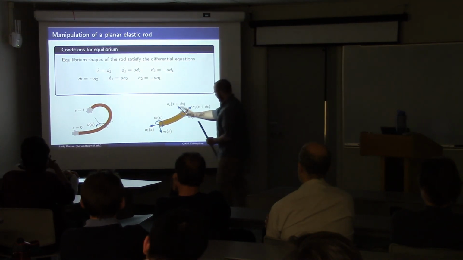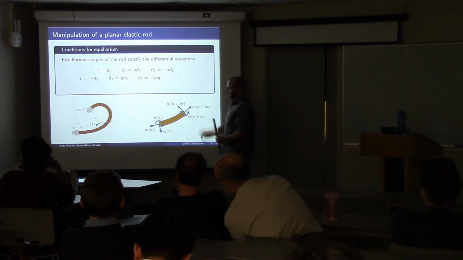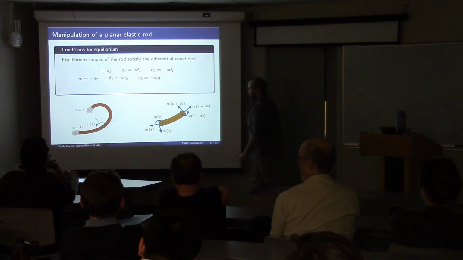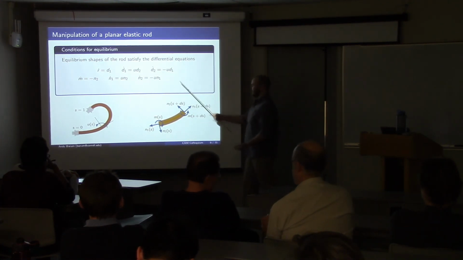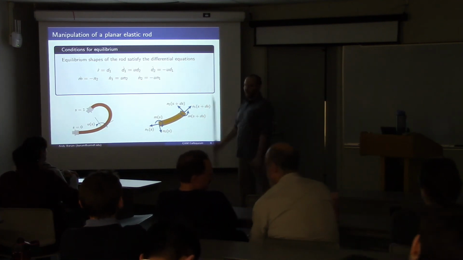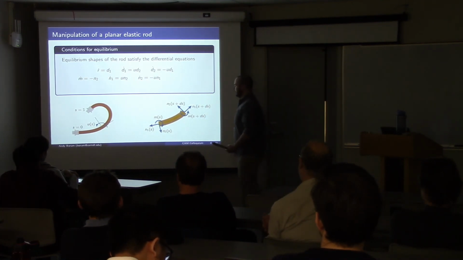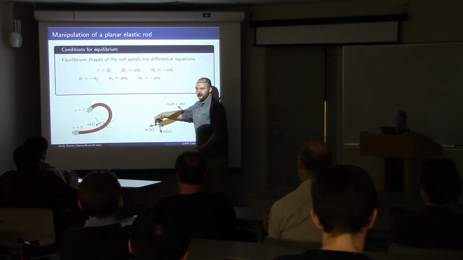The part of the rod that's to the right of this segment is also applying a force and a moment to the segment. This segment is bending a little bit. So if we balance the forces and torques acting on this segment, we get three differential equations for those forces and torques. M is the moment torque. N1 is the axial force. N2 is normal to the axial direction.